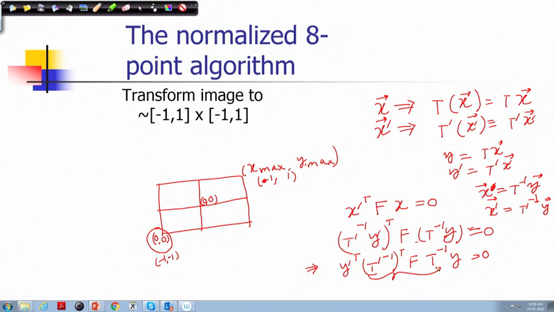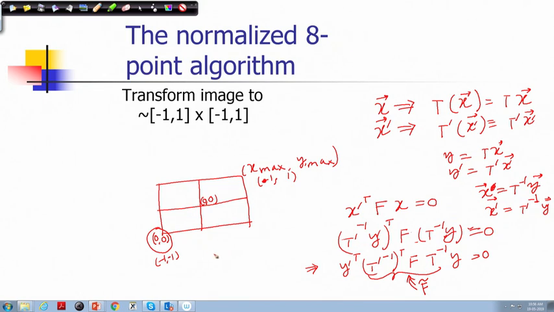Now, you can see this is also a 3 cross 3 matrix, and this is a transformed matrix. After transformation, you get this matrix. This is the fundamental matrix associated with the transformed points y. So, what you can do is compute the fundamental matrix f tilde using these corresponding transformed points, where all the coordinates in these ranges will be used, and then from f tilde, whatever you get, transform it back to get the original fundamental matrix.